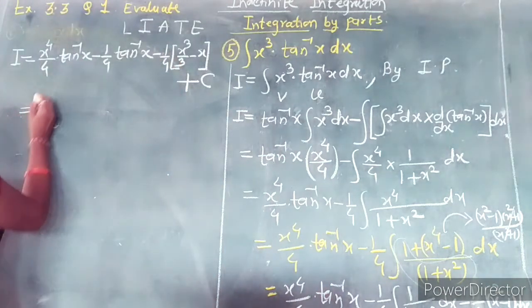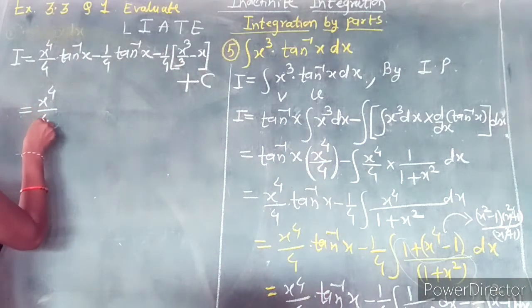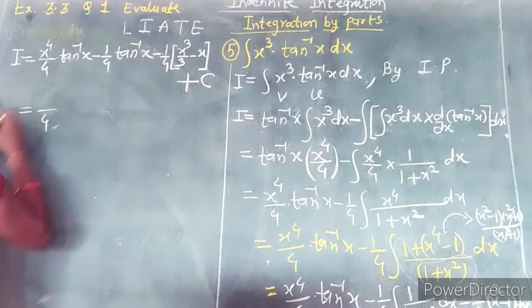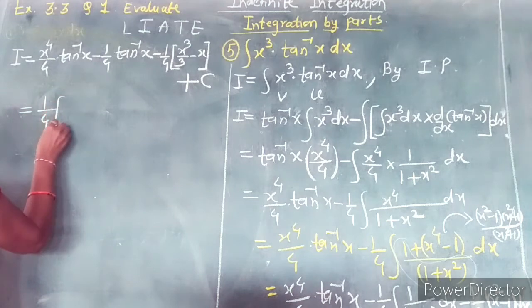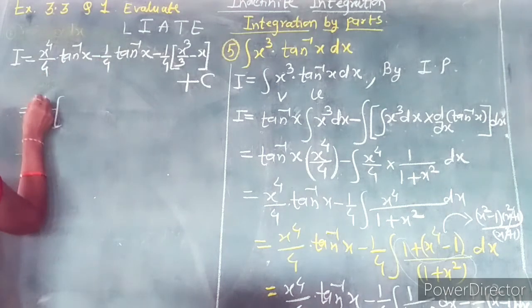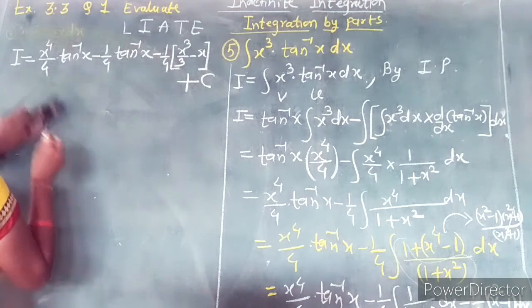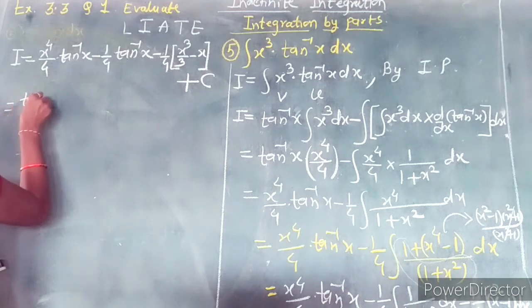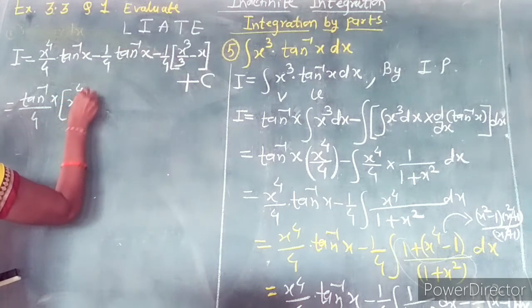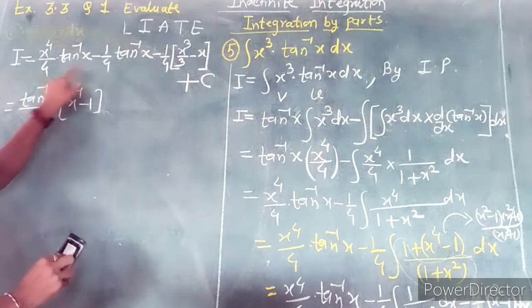We take the final answer x raised to 4 upon 4. From the first two terms, 1 by 4 is common, and the multiplying factor is tan inverse x. So tan inverse x upon 4, inside the bracket, x raised to 4 minus 1.